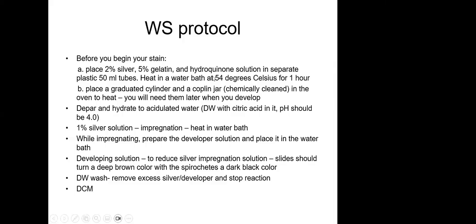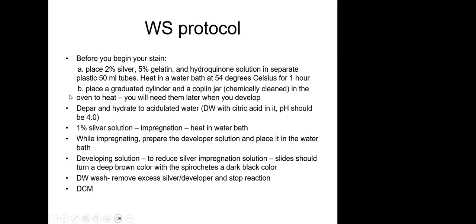Now, here's the thing. You can't test that with a thermometer, okay? Because there's metal in a thermometer. So you just have to heat it up, basically. But if you get asked this question on your certification exam, you'll need to know that it's 54 degrees, okay?